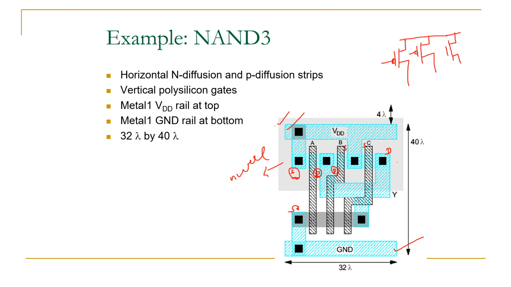See here, I'm marking it as A, B and C. All the source sides of the P MOSFETs are connected to VDD. That is why, if you connect this side to VDD, your drain of A gate will be connected to VDD. That is wrong.